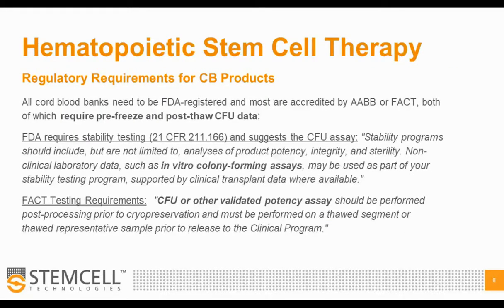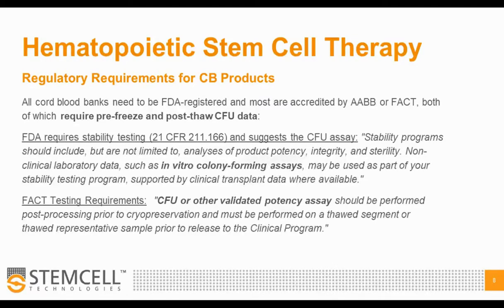So when we look at, for example, one of the only, at this point, FDA-registered cell therapy products, cord blood cells, we recognize that there are very strict regulatory requirements when using cord blood products for hematopoietic cell therapy.